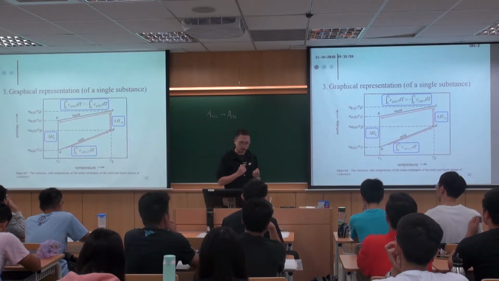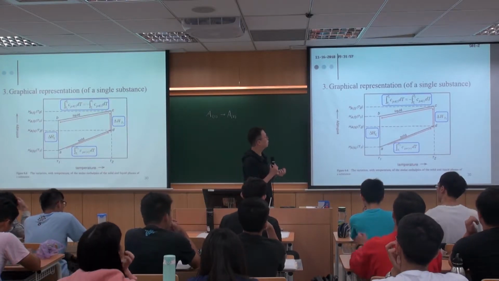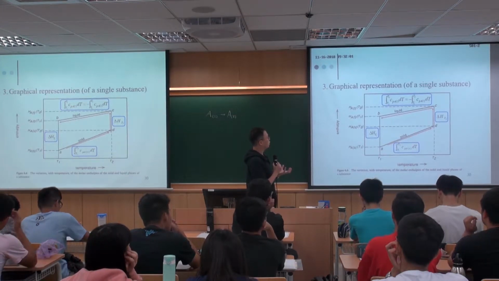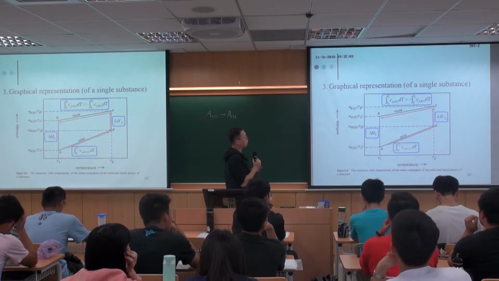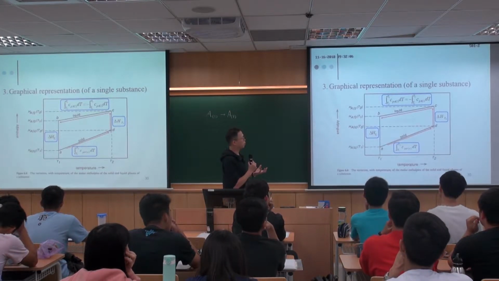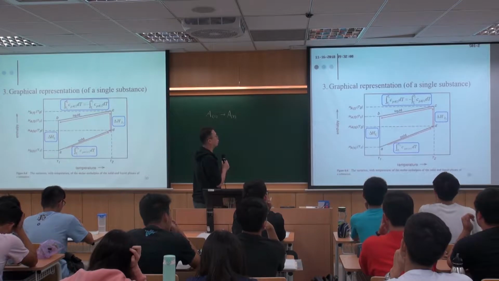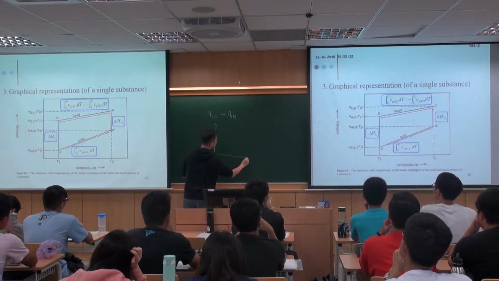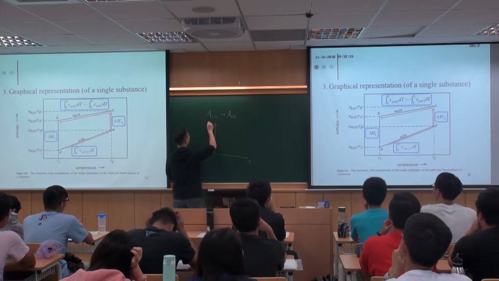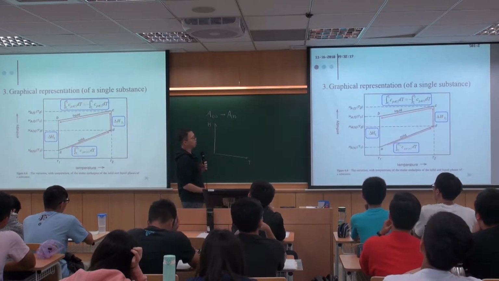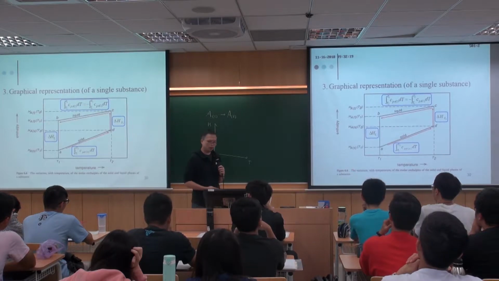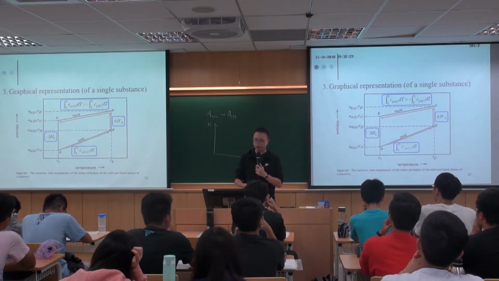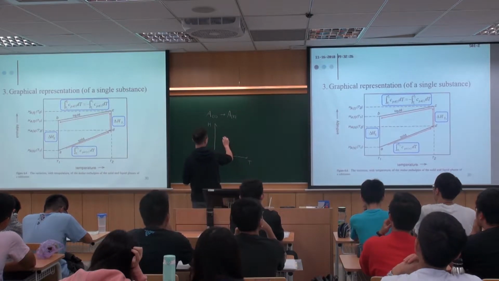And the solid and liquid phases have different dependence of heat absorption efficiency on temperature. Therefore, the CP will be different for these two phases. So if you plot the enthalpy, H, as a function of temperature, because we know that the solid and liquid phases have different CPs, the slope will be different.